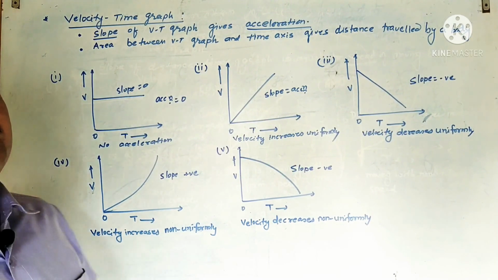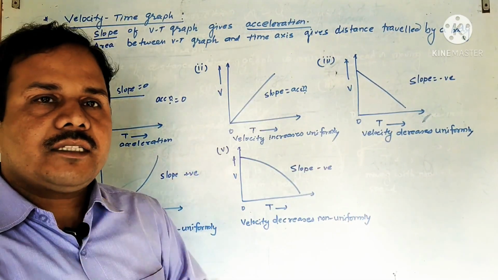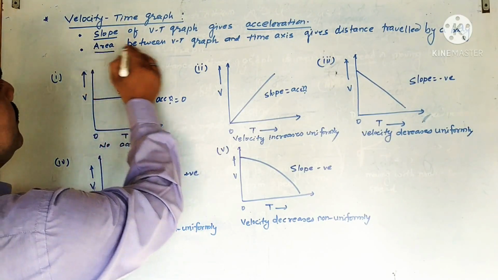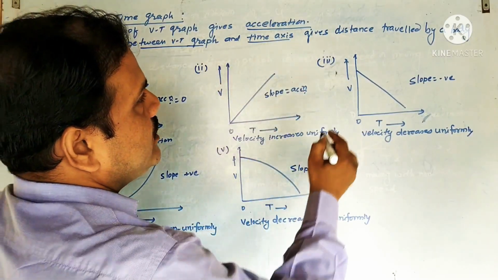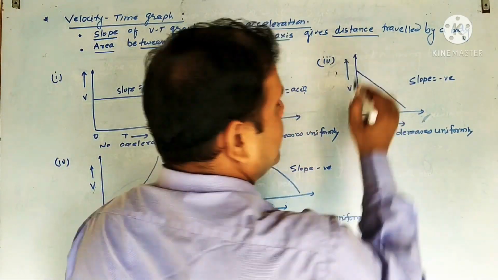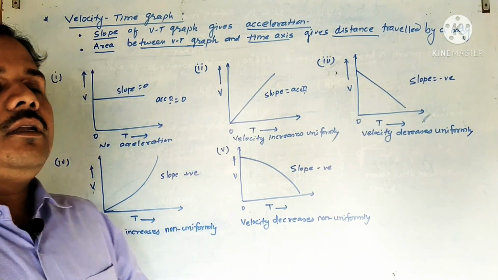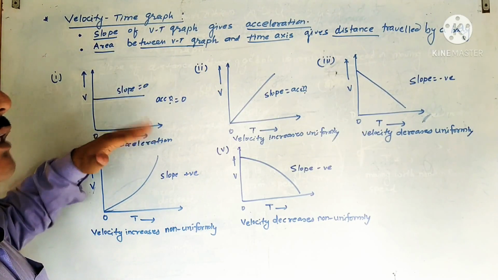Okay, from here if we will find the slope, it means that will give us acceleration. Okay, second में है that the area between velocity time graph and time axis will give the distance traveled by a body. In VT graph we can find distance traveled by finding area between the velocity time graph and the time axis.